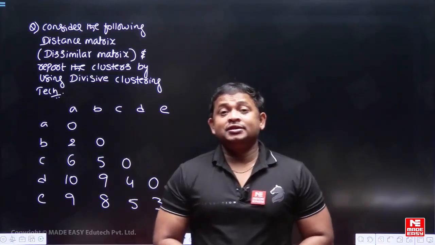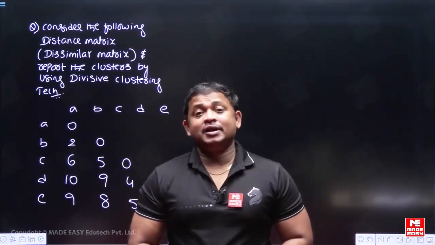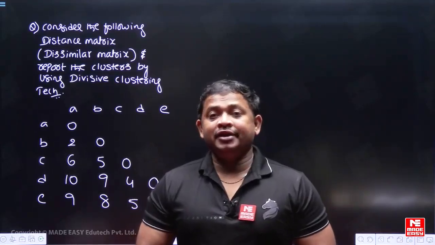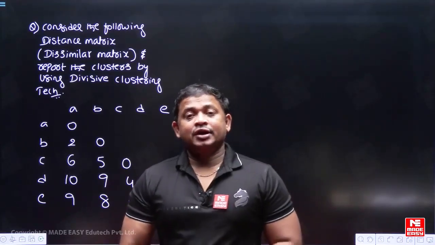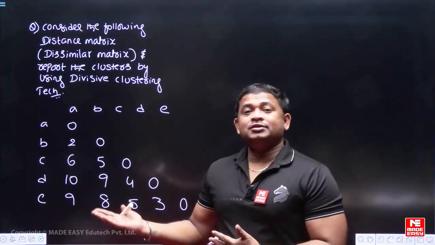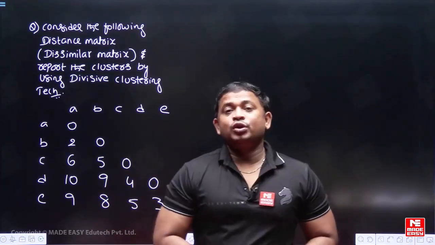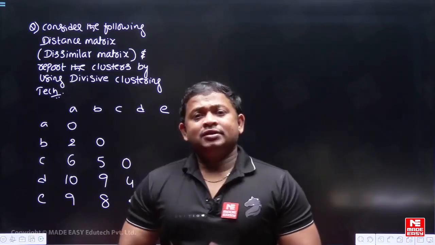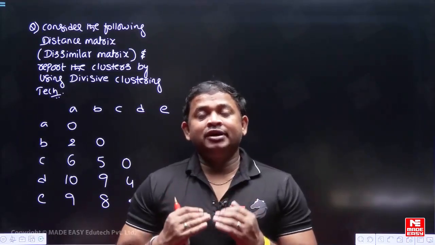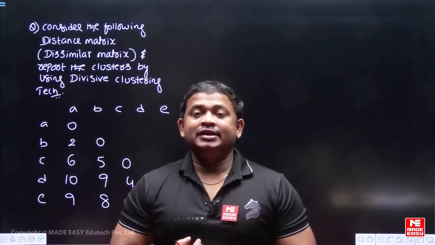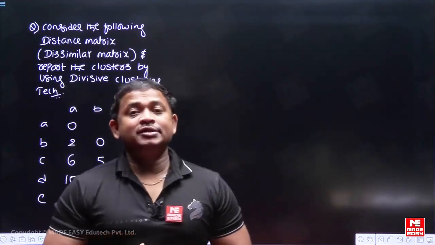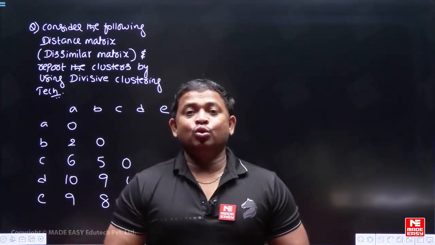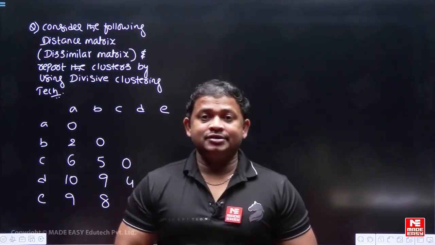First, generate the dissimilarity matrix, or distance matrix, from the given input data by using the Euclidean distance. We use that step when the data points are given. Here the dissimilarity matrix is already given, so there is no need to use the Euclidean distance.